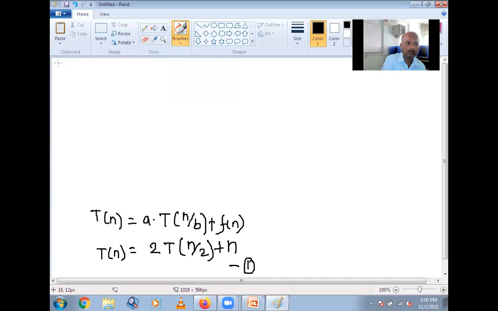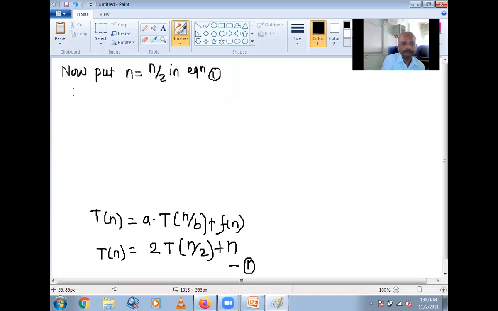Now put n equal to n by 2 in equation 1.